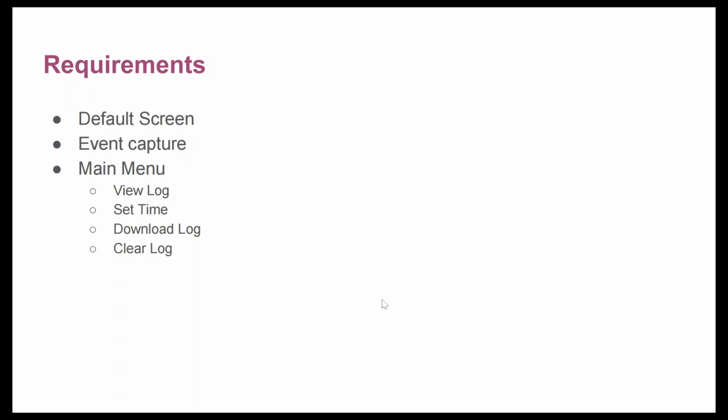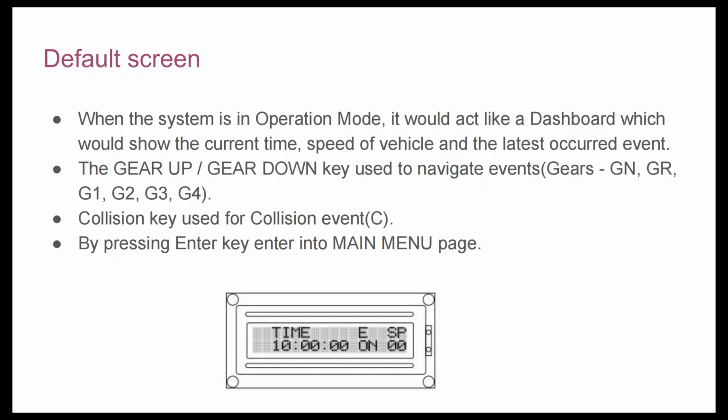Default screen, yesterday I told you to do, but you haven't started. In the default screen, whenever you turn on the board, we need to display time, event, and then speed. Time we are going to get from the RTC. Event is nothing but gears.